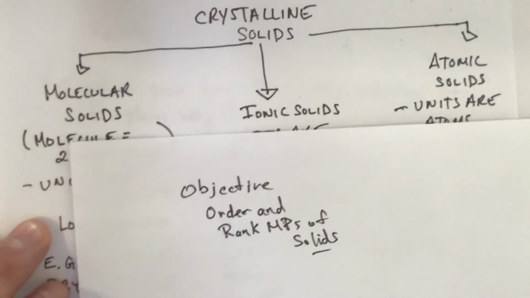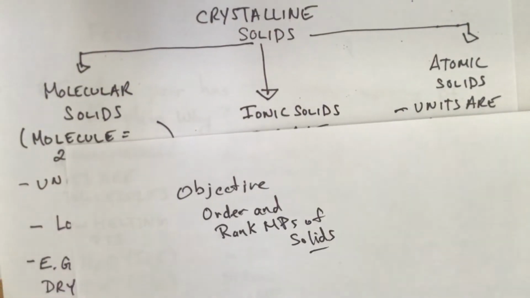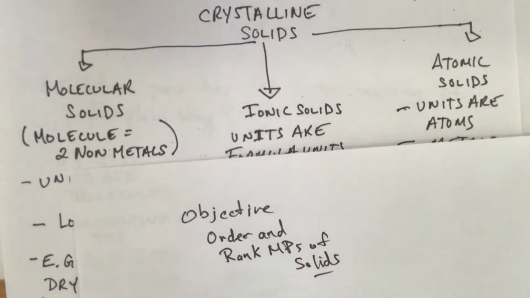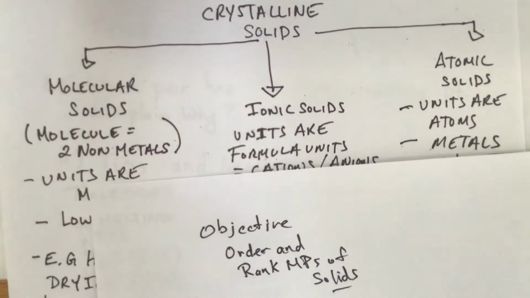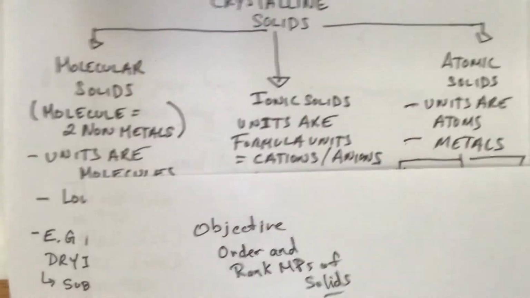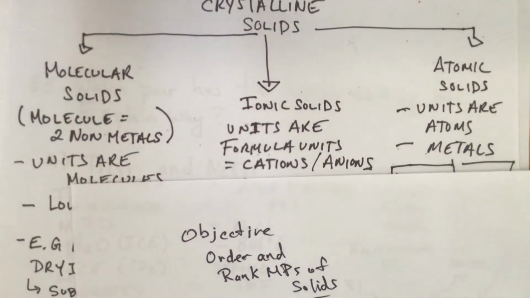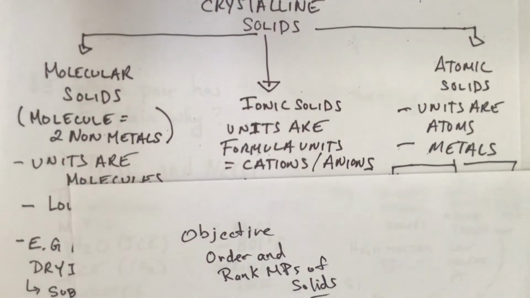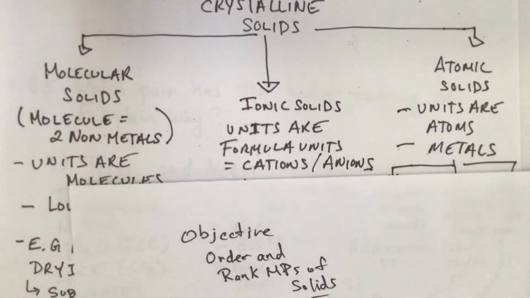Okay? The second kind of crystalline solid are the ionic solids. The units are the formula units, and again, everybody should know what an ion is. I really hope this time of the year everybody knows what an ion is. But in case we don't, an ion is an atom that has either lost or gained electrons.